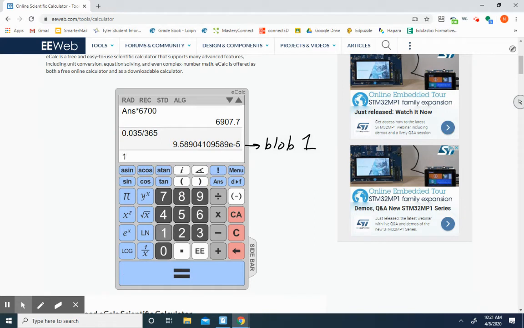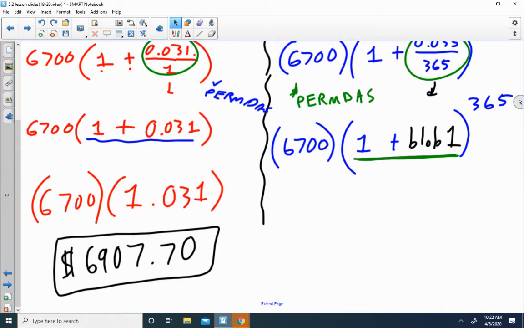I'll do 1 plus answer, which takes the previous answer, blob 1. Let's see what we get. It looks a little bit better, but it's still pretty messy. I'm going to call this blob 2. So back to the calculator: I've just computed 1 plus blob 1, and I called it blob 2.